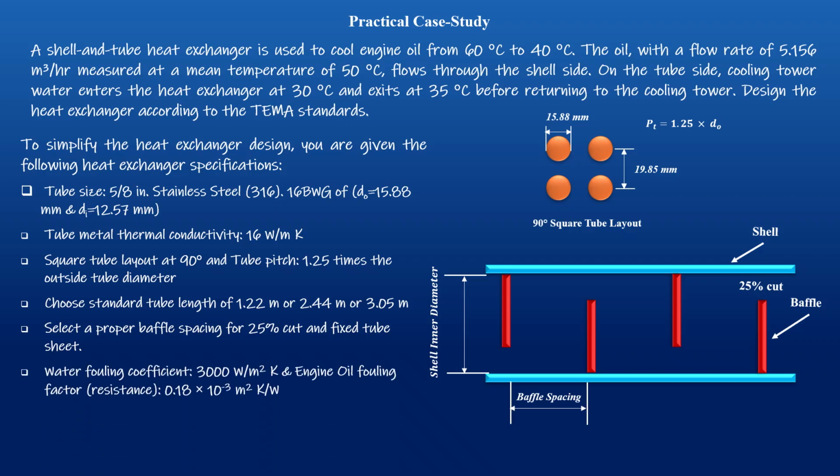And finally, we have the water fouling coefficient of 3000 watt per meter square Kelvin. And for engine oil, we have the fouling resistance, that is 0.18 times 10 to the power minus 3 meter square Kelvin divided by watt.